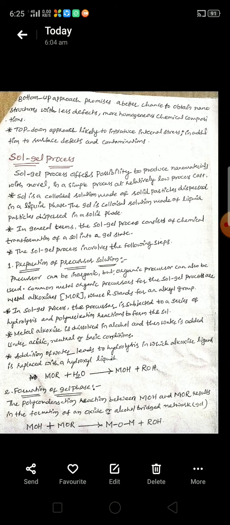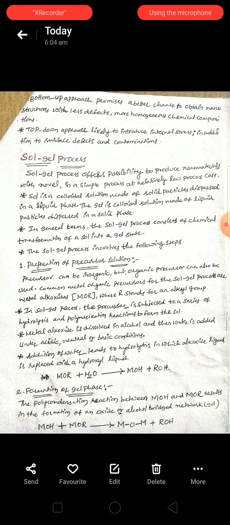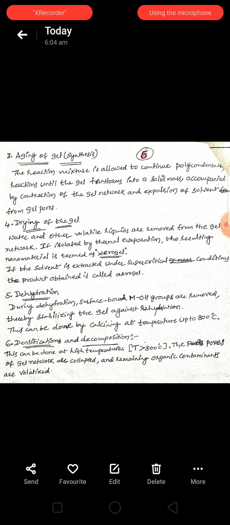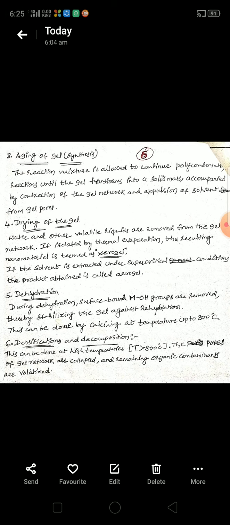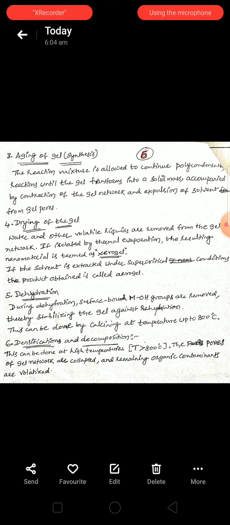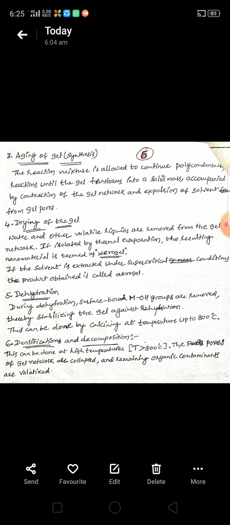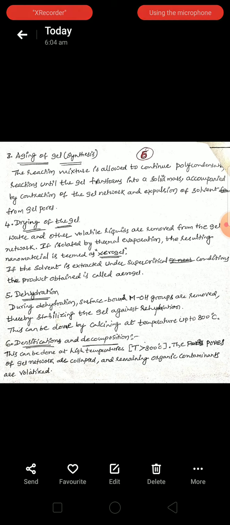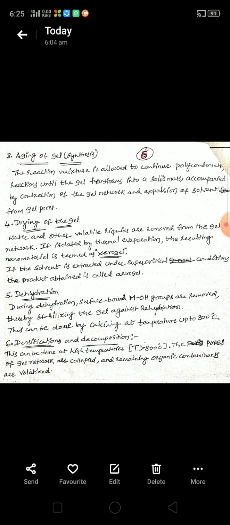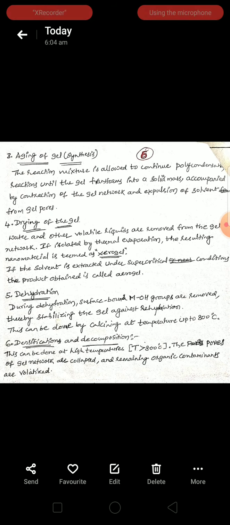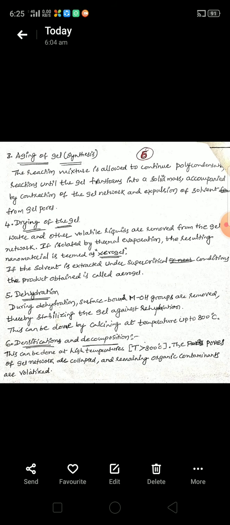The third step includes aging of the gel. Third step involves the aging of the gel, where the polycondensation reaction is continued until the gel transforms into a solid mass.